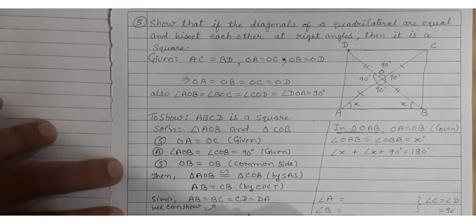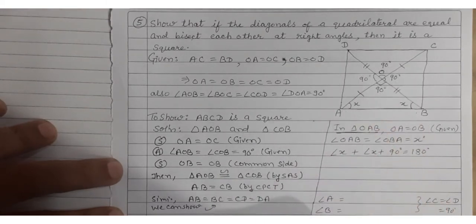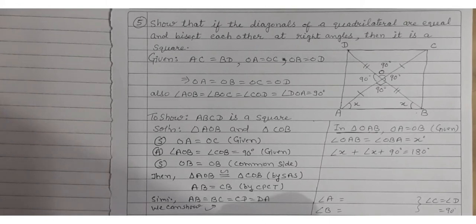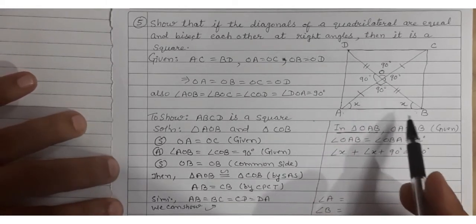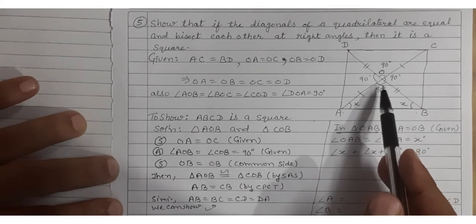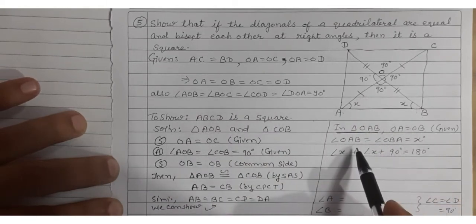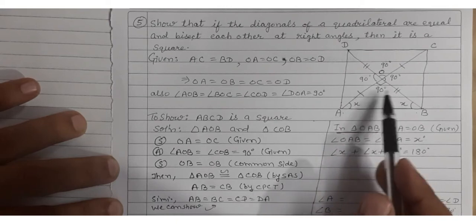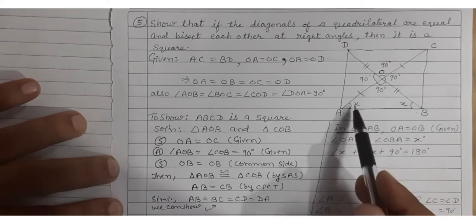Now we have to show that each angle of this, angle A, angle B, angle C, angle D is how much? 90 degree. For that, what to do? I am taking triangle AOB. That I know, no? OA equal to OB, I got it from here. Then, if these two sides are equal, then these two angles should be equal.